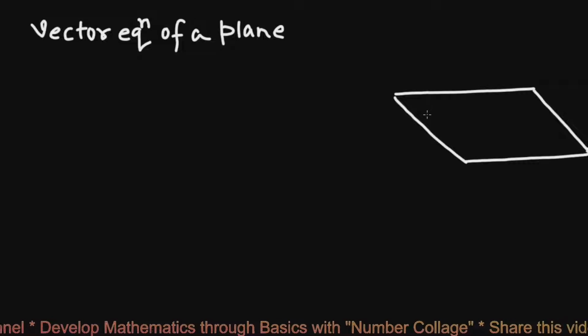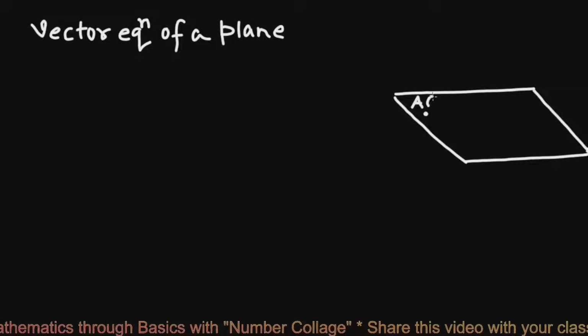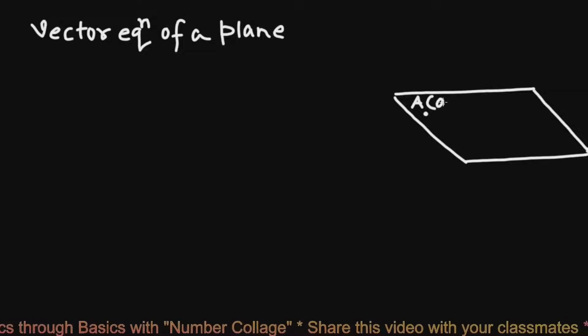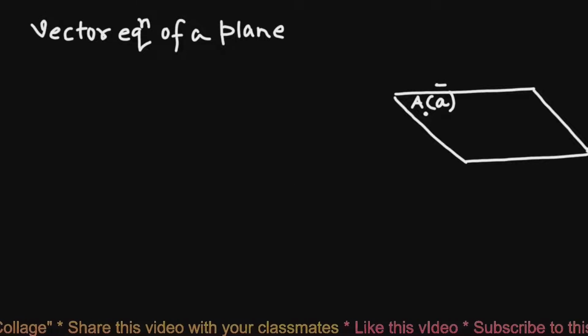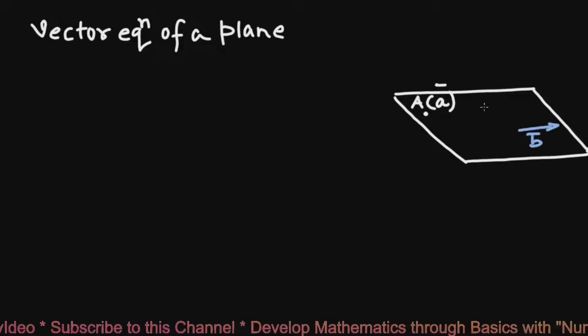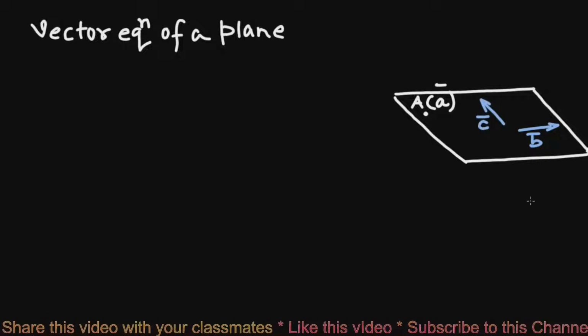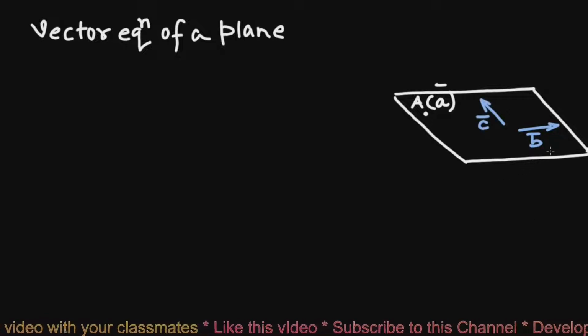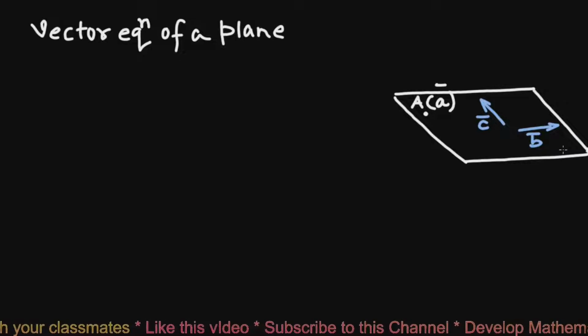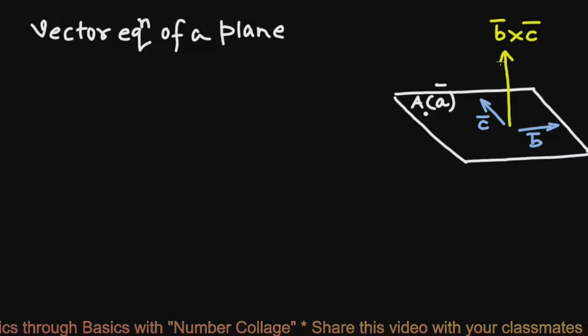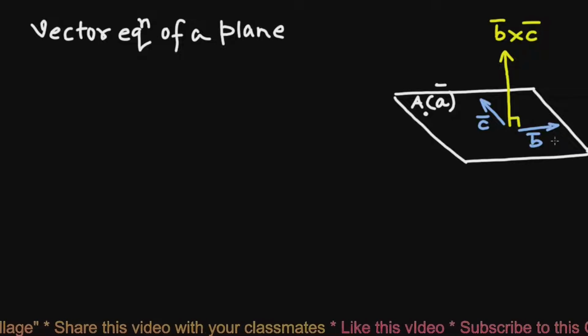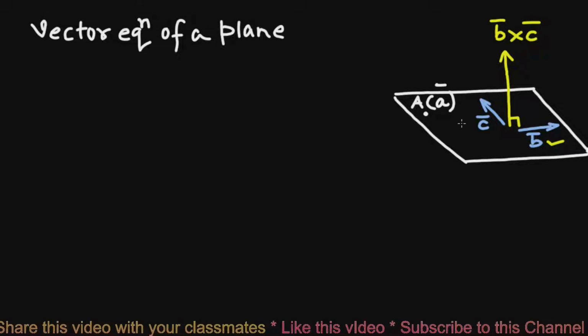Now we will see the vector equation of a plane which passes through a point A on the plane whose position vector is a bar and it is parallel to vectors b bar and c bar, which can be considered to lie in the same plane. Now we know that b bar cross c bar will be perpendicular to the plane containing b bar and c bar.